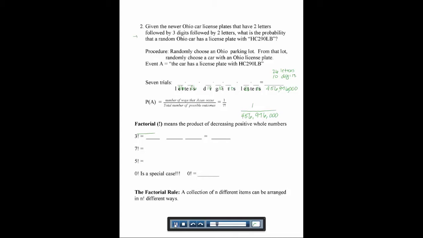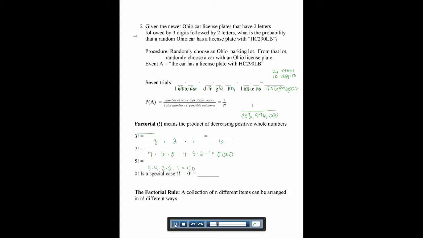So 3 factorial means we take 3 times 2 times 1, which gives us 6. 7 factorial means we take 7 times 6 times 5 times 4 times 3 times 2 times 1, which gives us 5,040. And 5 factorial would be 5 times 4 times 3 times 2 times 1, which would be 120.